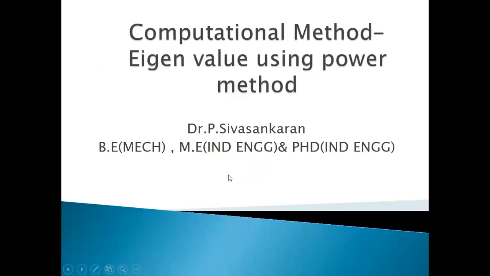Before moving to the concept, why is computational method considered to be a very broad area in the engineering domain? Particularly in mechanical engineering, take a heat transfer problem.